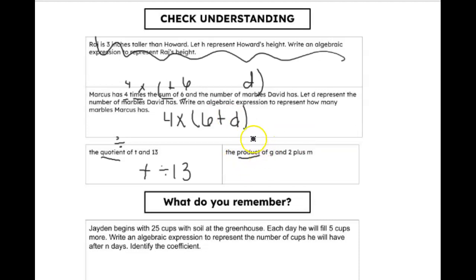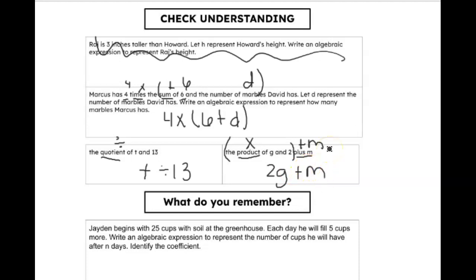Product means we're going to multiply, of g and 2 plus m. So the product of g and 2 plus m. So we're adding m at the end. Product is the answer to a multiplication question. So we're putting this part in parentheses. So we have 2g plus m.